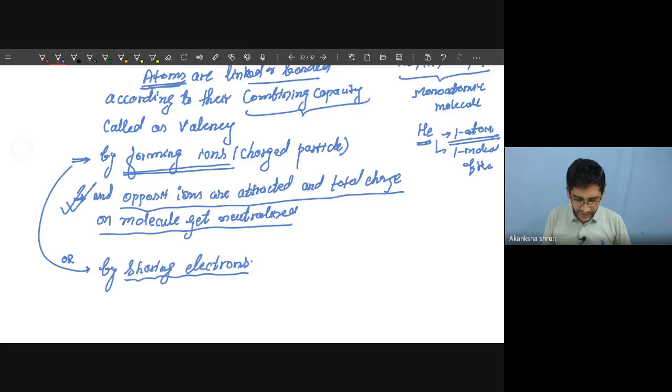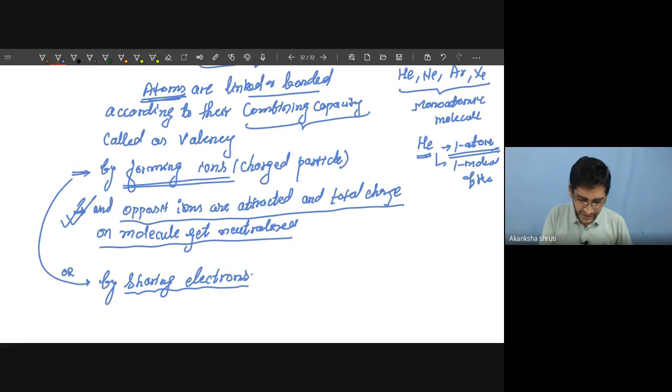Now the important thing we have to understand is why atoms show this combining capacity and form ions, and which kind of atom will form which kind of ion.